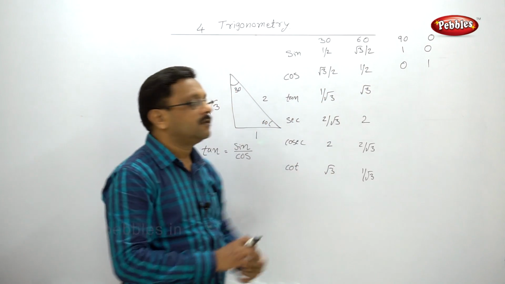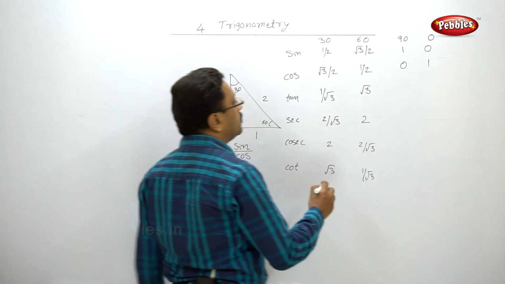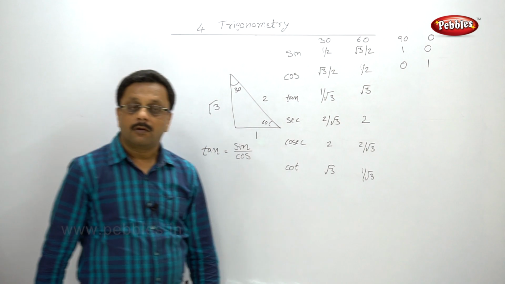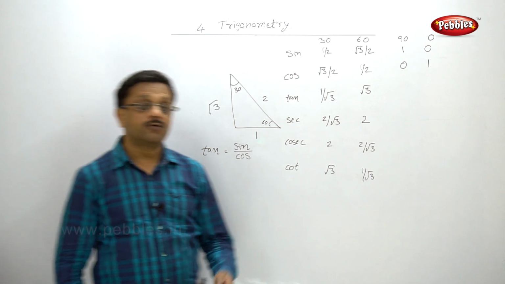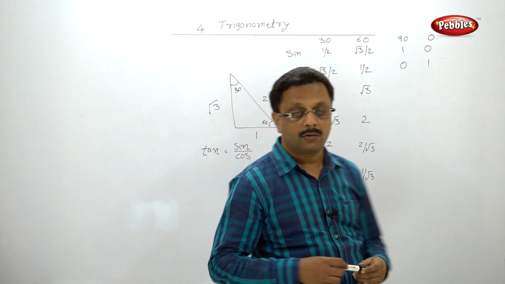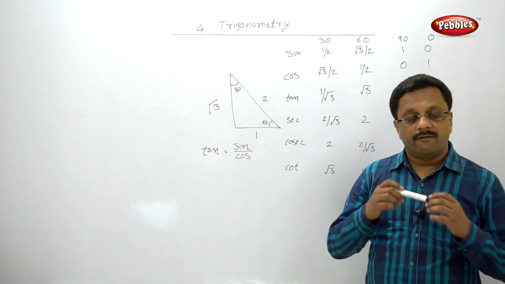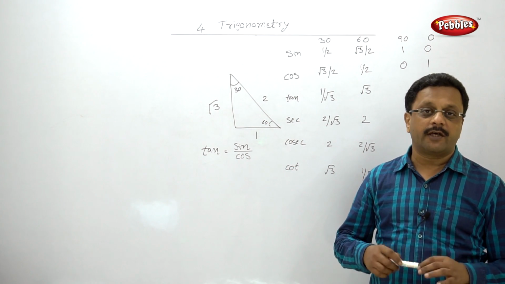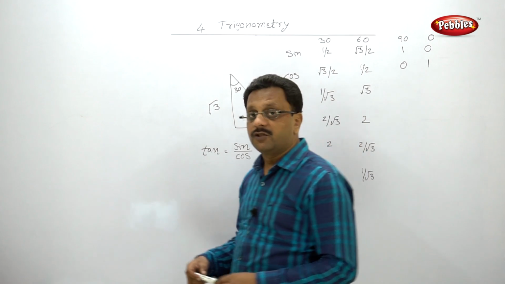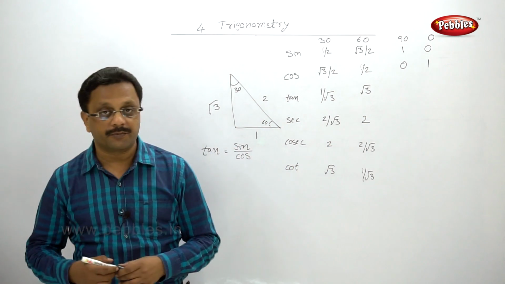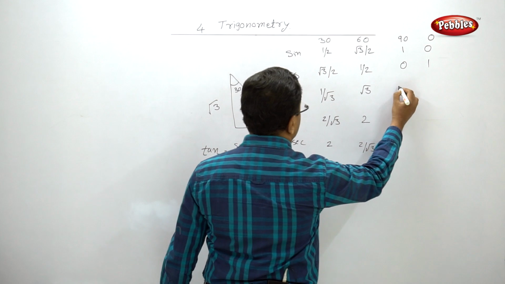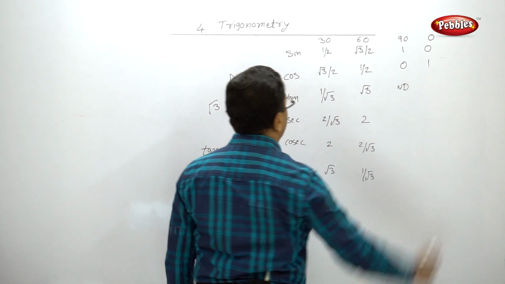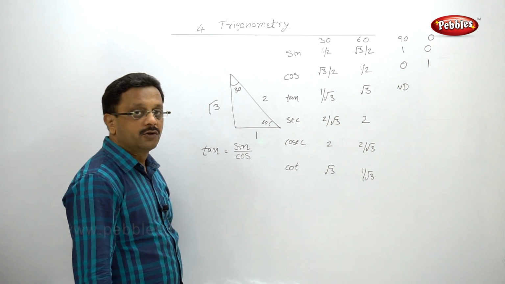Sine upon cos is 1 upon 0. 1 upon 0. Many students will give answer 0. No, it is not like that. Whenever any quantity is divided by 0, the answer is not defined. It is infinity. So this is not defined. Tan 90 is not defined.